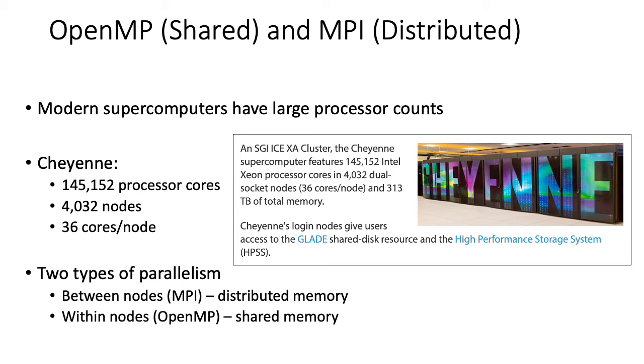Between distributed memory portions of the machine, you are able to take advantage of MPI, message passing interfaces. Now, while a lot of this presentation is talking about supercomputers, it's important to realize that even laptops nowadays have anywhere between 4 and 8 processors. That same idea of parallelism that works on supercomputers works on small laptops and desktop machines.